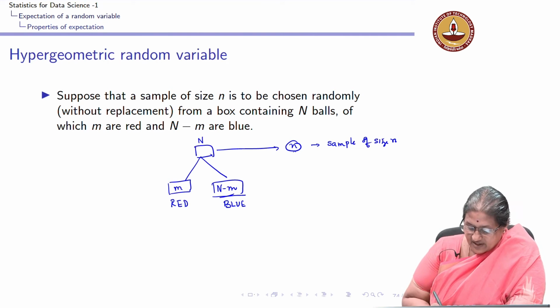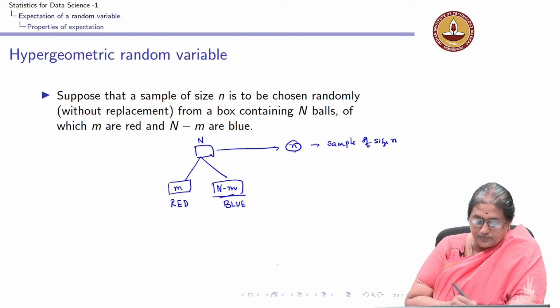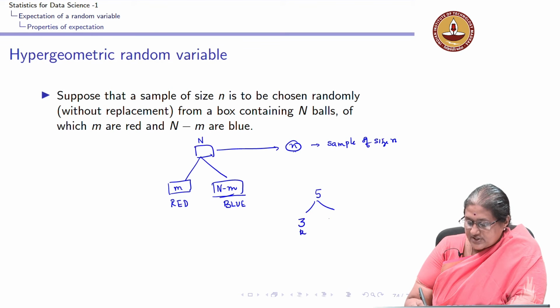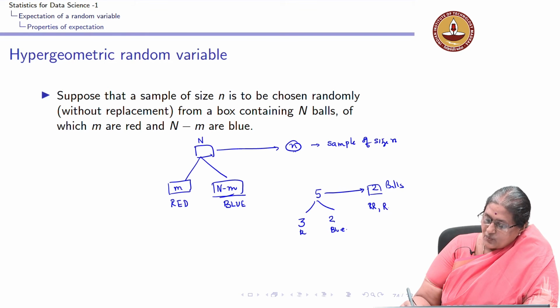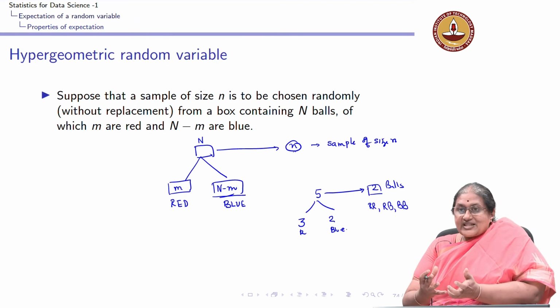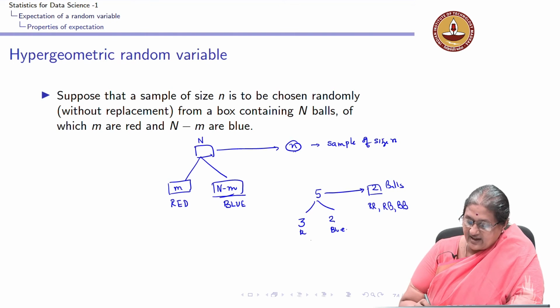The question we are interested in knowing is, suppose for example, I have 5 balls. Of these 5 balls, I have 3 red balls and 2 blue balls, and I am choosing 2 balls at random. Then the possible choices for these 2 balls are: both are red, one red and one blue, or both are blue balls. These are the possible outcomes.